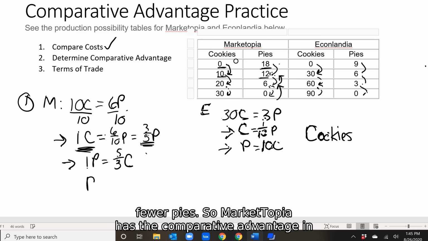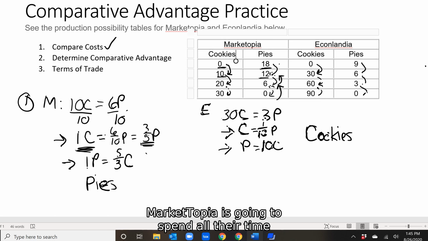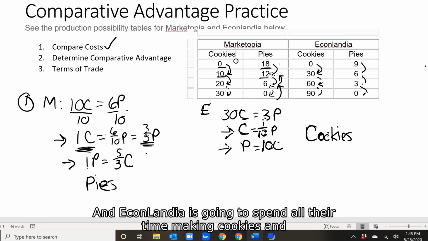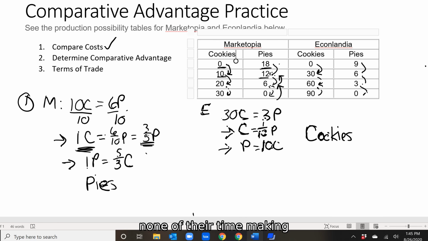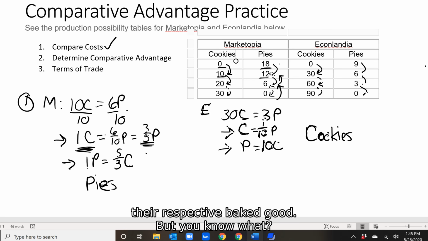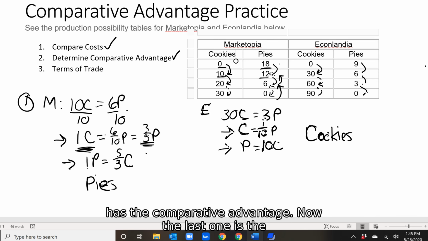So Marketopia has the comparative advantage in pies. So Marketopia is going to spend all their time making pies and none of their time making cookies. And Econlandia is going to spend all their time making cookies and none of their time making pies, because they have the comparative advantage in their respective baked good. So that was step 2, to determine who has the comparative advantage.